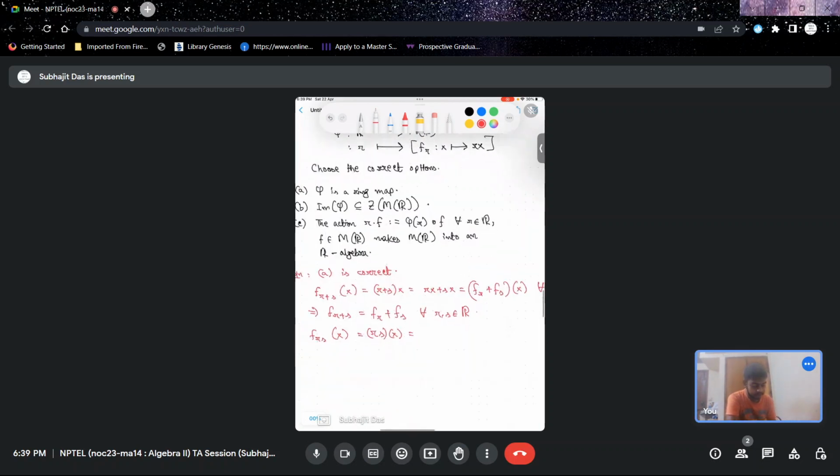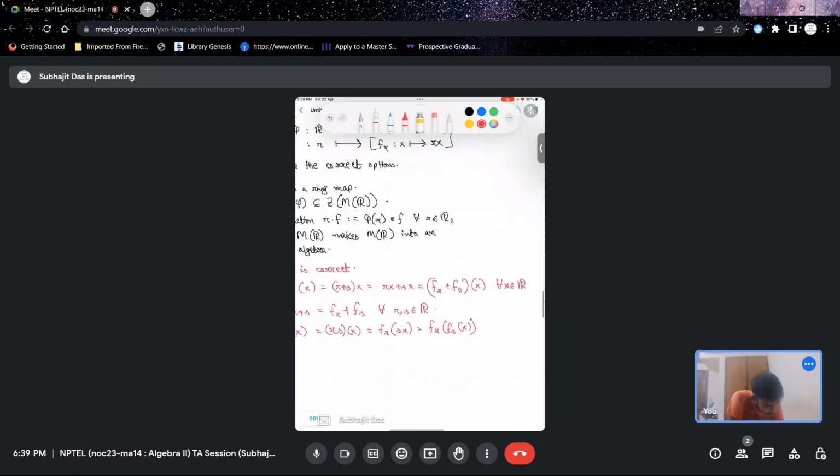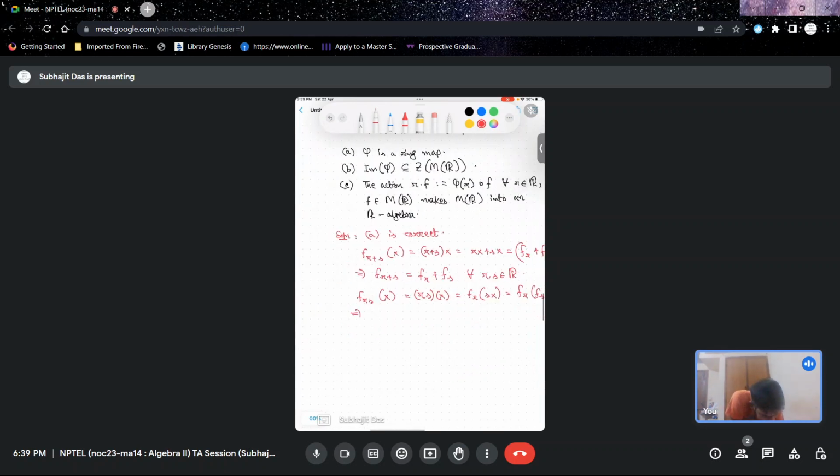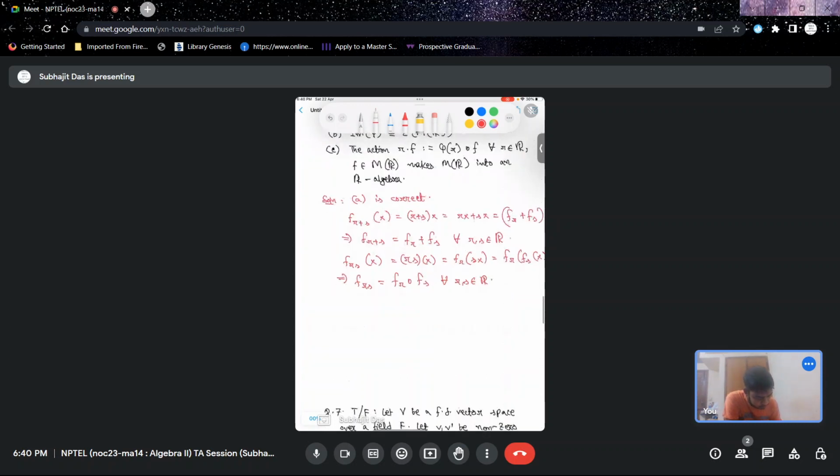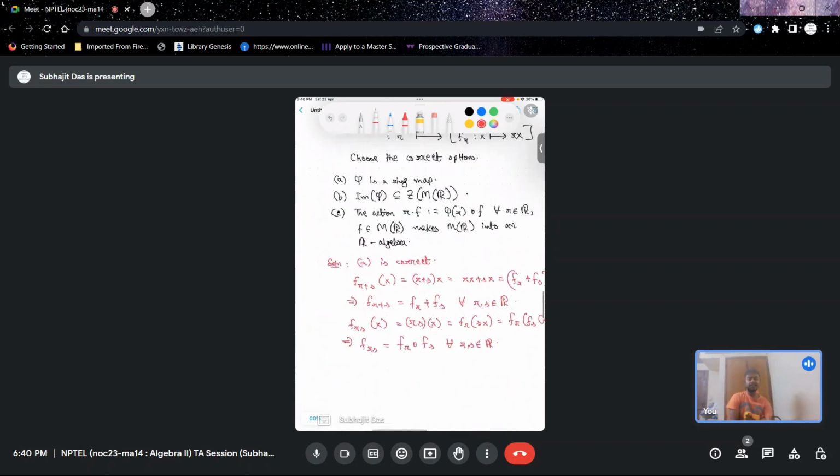So this can be written as f_r(sx), which is f_r(f_s(x)) for all x in R, which implies that f_{rs} is equal to f_r composed with f_s for all r, s in R, and that shows precisely that this is a ring homomorphism.